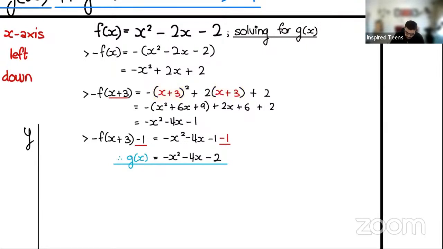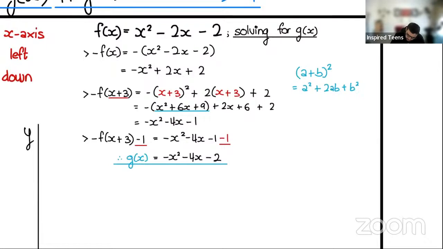In order to simplify this, I used the shortcut: a plus b squared is equal to a squared plus 2ab plus b squared. You don't have to use the shortcut. You can also just distribute if you'd like and take that extra step and then simplify it. That's perfectly fine. But I used the shortcut: x squared plus 6x plus 9.